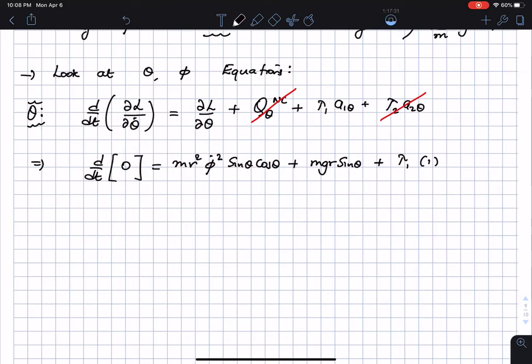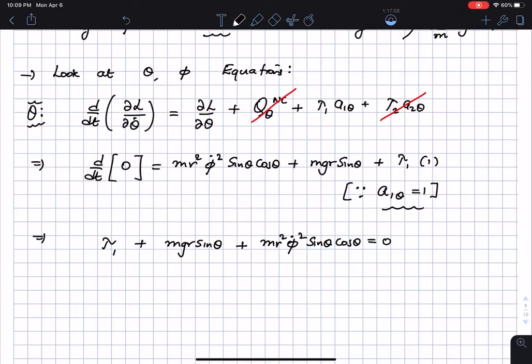This is because a1 theta is equal to 1. Okay, which tells me that lambda 1 plus m g r sine theta plus m r square phi dot square sine theta cos theta is equal to 0. So this is one equation that I have to start messing around with.